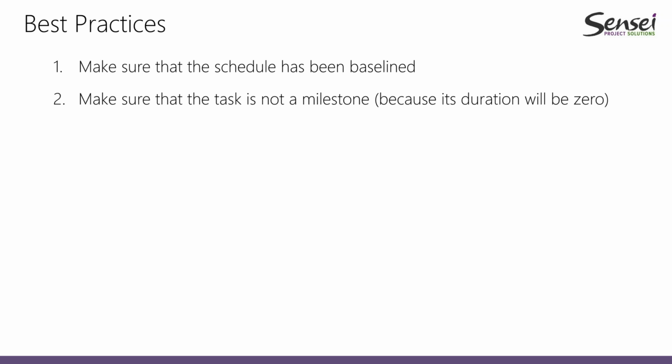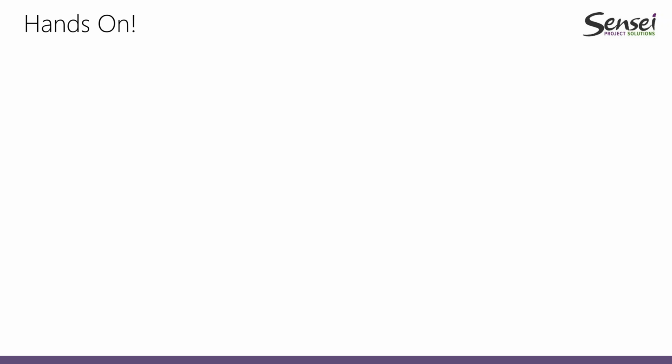Every time we are creating a formula within Project that will be calculating some kind of variance, that's going to be presenting us an indicator based upon the variances that we have in the schedule, we need to take those two items into account. So make sure that our project is baselined, and make sure that a task is not a milestone. So now it's time for us to do our hands-on.